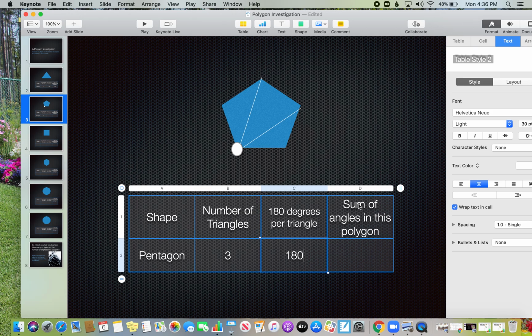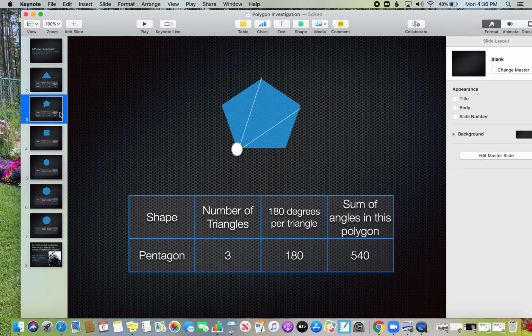So to find the sum of the angles in this pentagon, if there are 3 triangles here, one triangle 180, another 180, another 180, that should be 540 degrees in a pentagon.